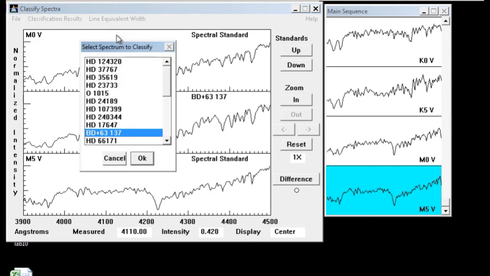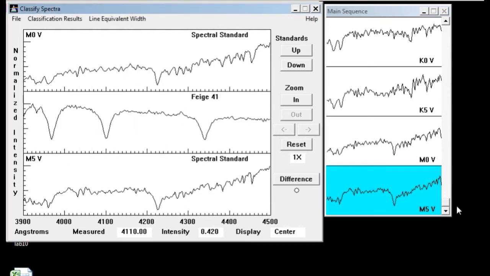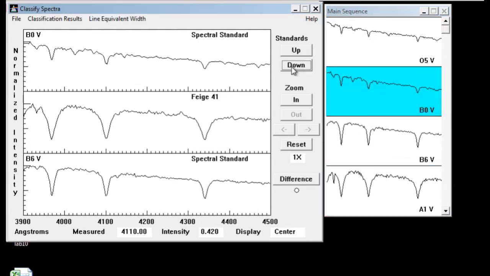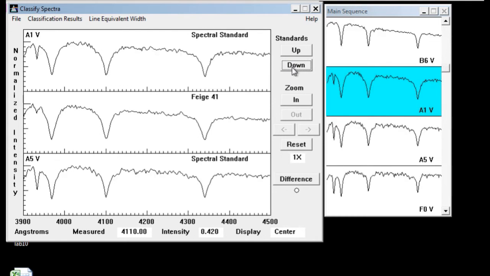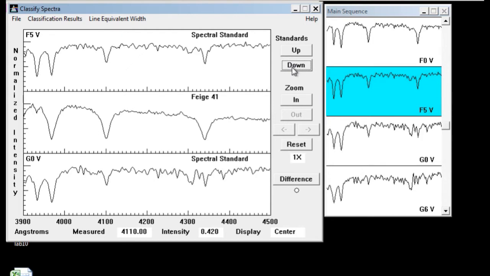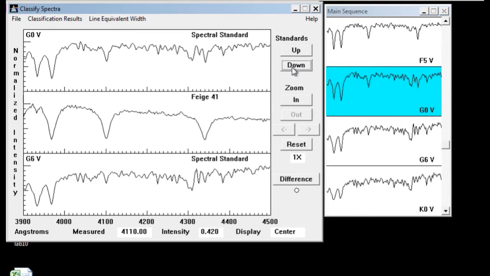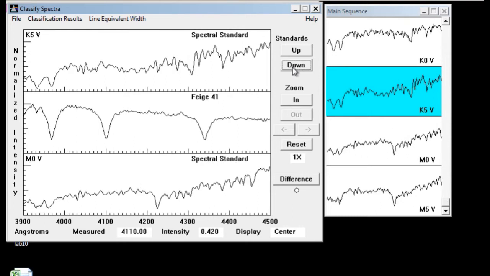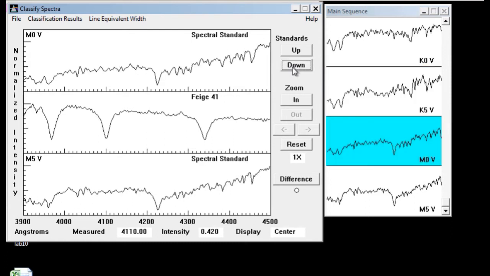All right, so the next one we're going to go with is phage 41. Phage 41. Again, that's the middle one here. We'll go through the spectrum the same way. All right, that's all of them, so whichever one you think fit best.